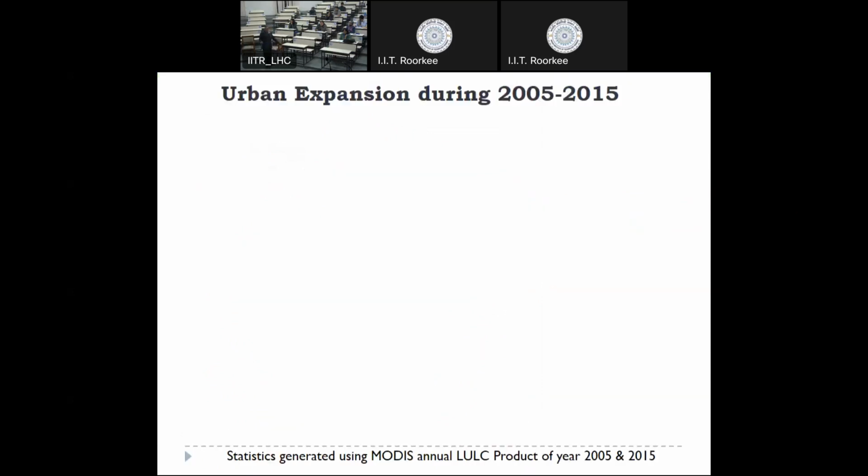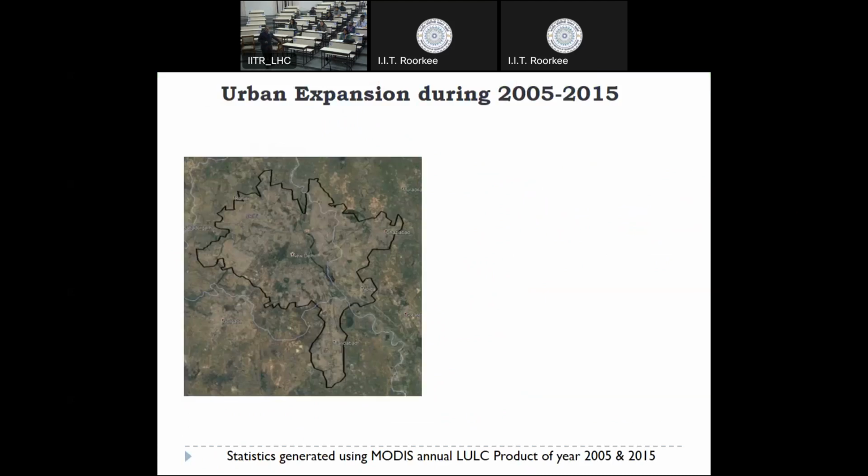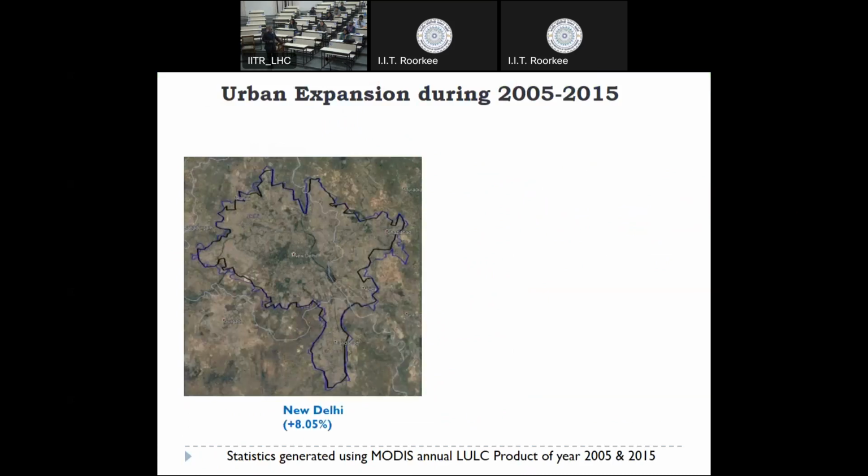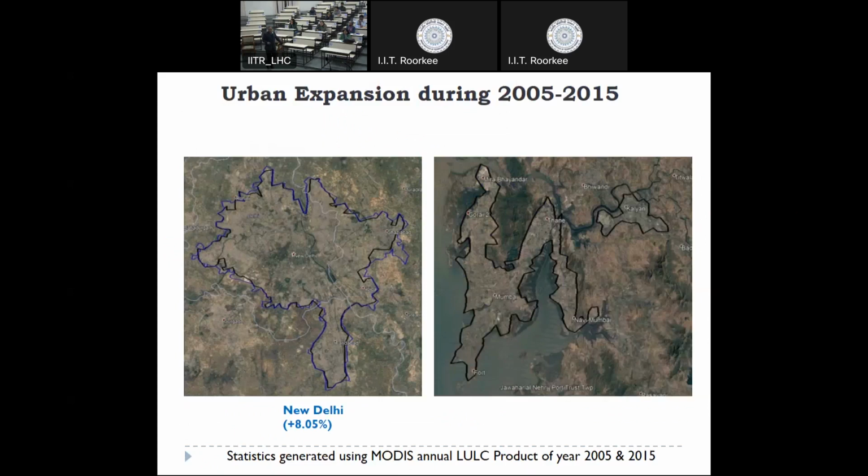Now these are the pictures for two cities, 2005 to 2015. So here you see the picture of Delhi, and in Delhi, the urban area has expanded by about 8% from 2005 to 2015. Similarly, in Kolkata, the urban area has increased, and in Mumbai by more than 10% in this same period.